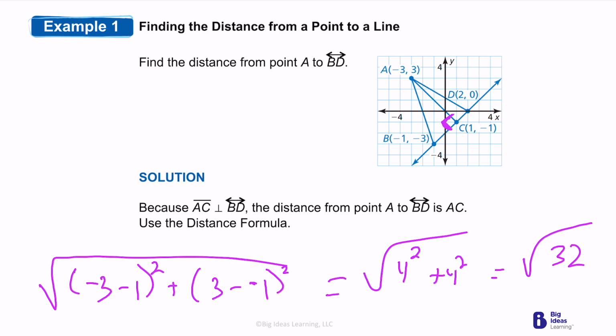Let me find it in the calculator here. Roughly 5.66.